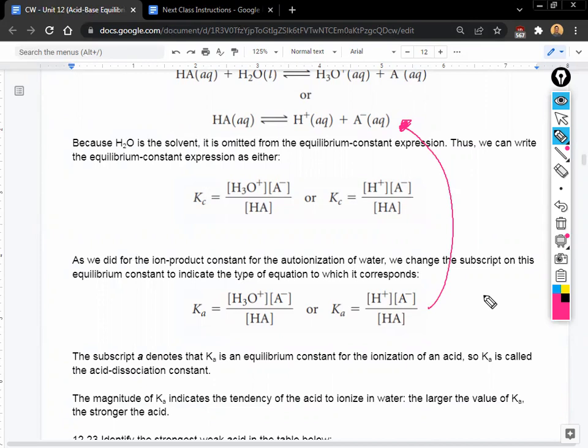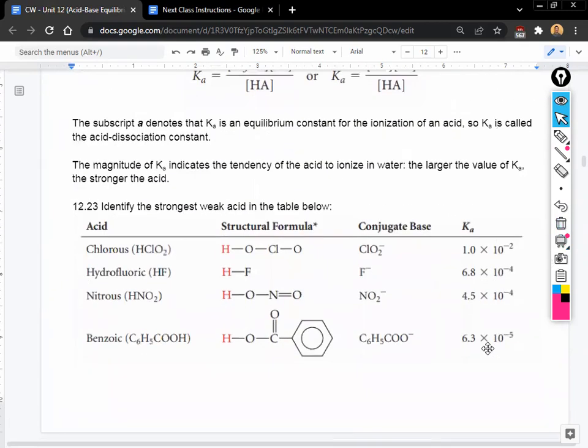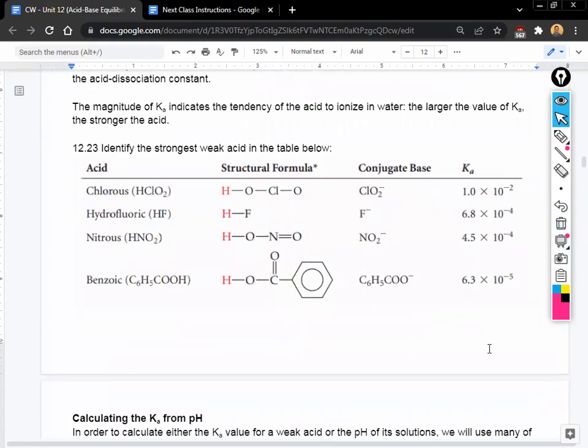You guys ready to try a problem? All right. And then we'll do this one and I'll have you guys go on your break. Okay. We got a big chart right here, 4 different compounds. I want you guys to figure out the strongest weak acid. Okay, so weak acids have different amounts of strength.